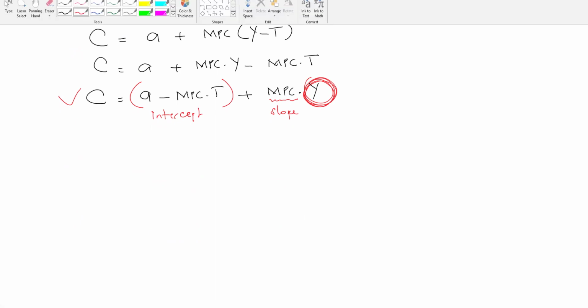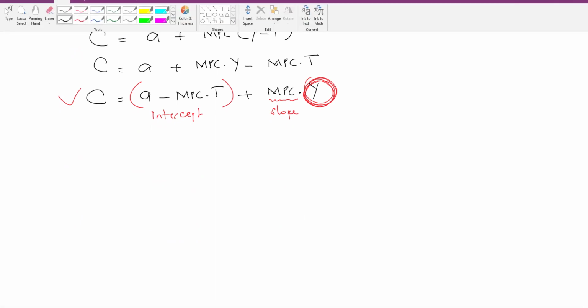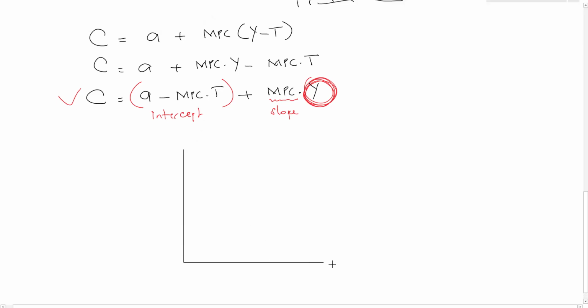I have it in the notes, but I'm going to do this one with you. I want the XY axis, like this. All right, so now I have C as a function of real income.